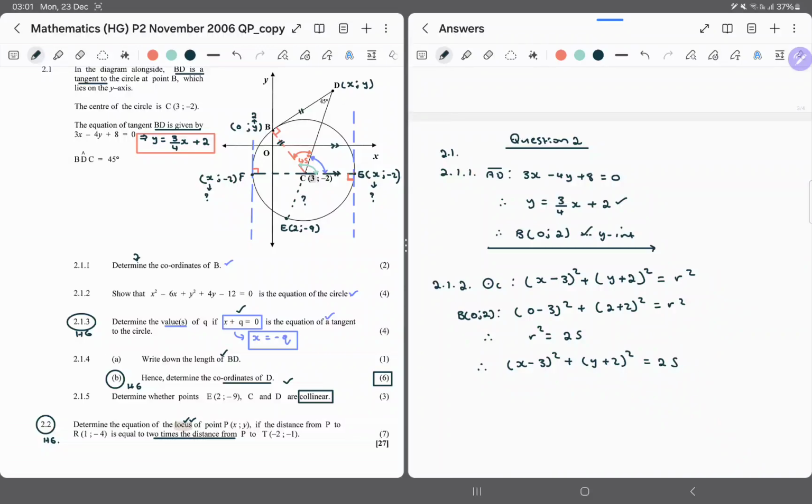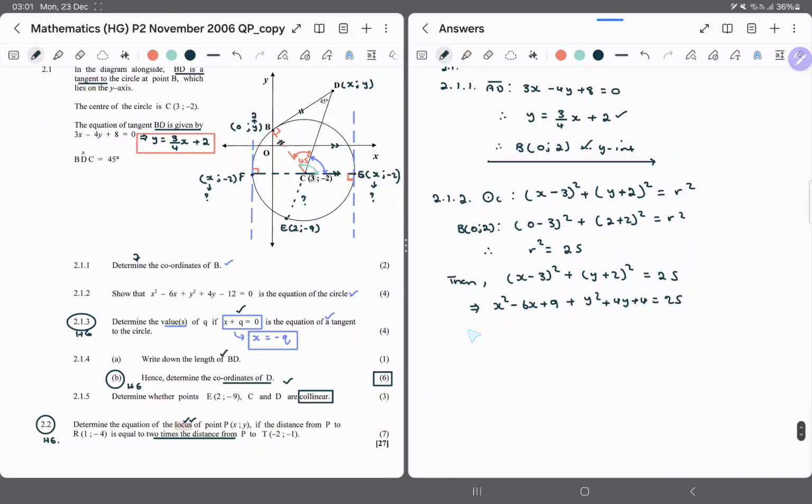Now we sort it out. Maybe let's say this implies, or we can even say then, that is the equation which implies, we FOIL this out, this is x squared minus 6x plus 9 plus y squared plus 4y plus 4 equals 25. Okay, so therefore we write it in the format given.